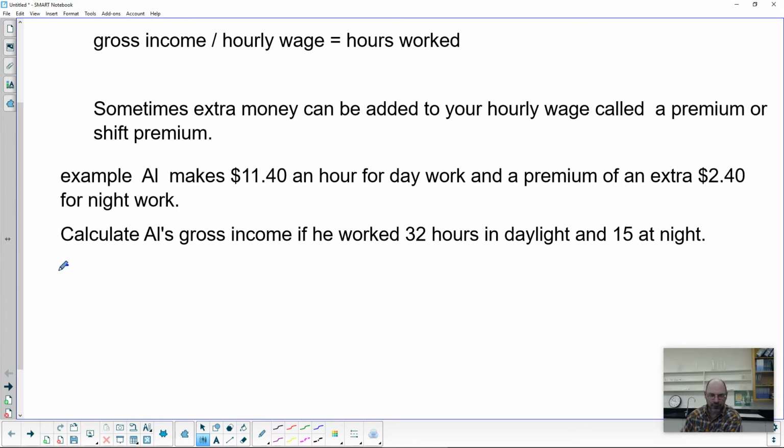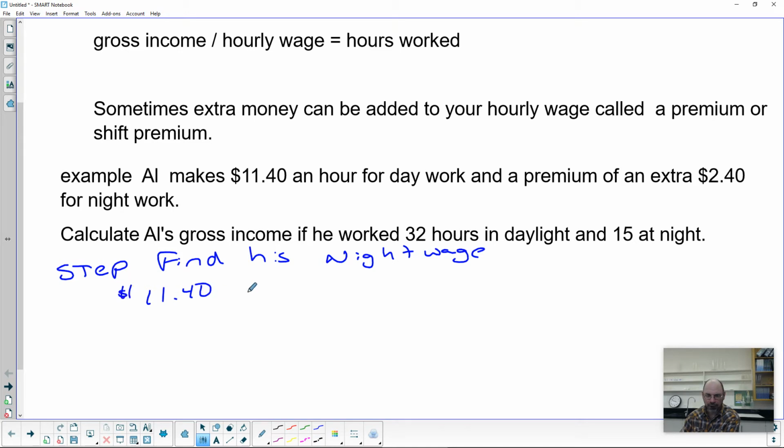Step one, find his nighttime wage. We're going to have to add $11.40 per hour and $2.40 per hour. That's going to give him a higher nighttime wage. If we do that, that's $13.80 an hour for working at night.